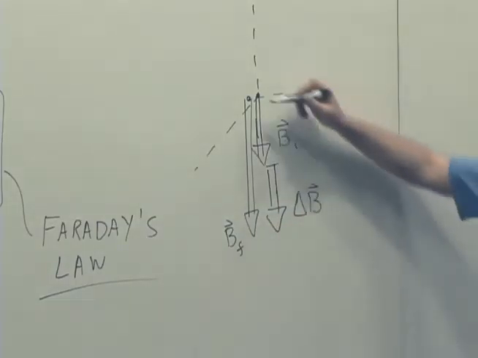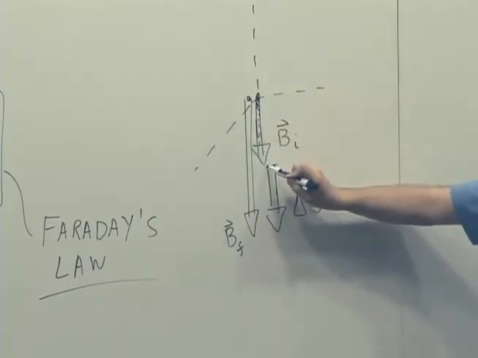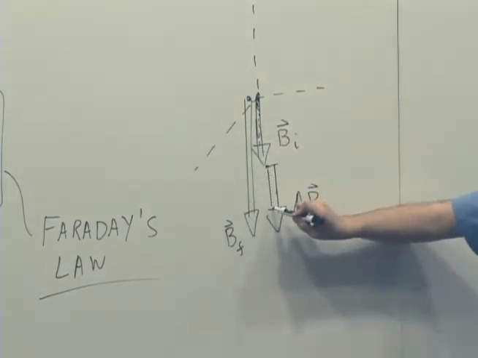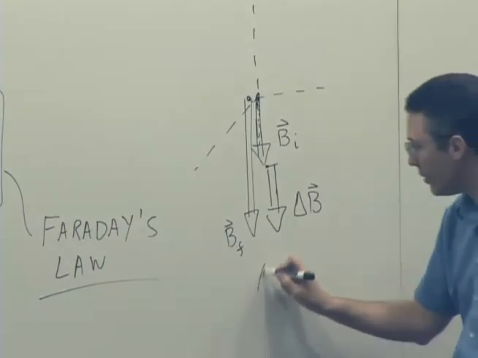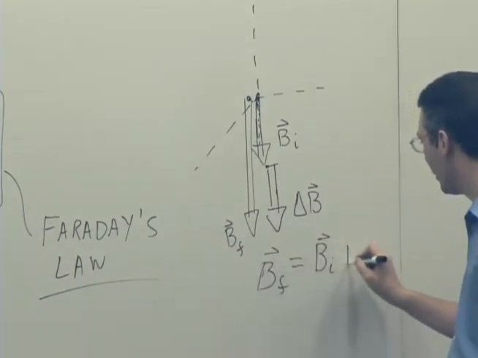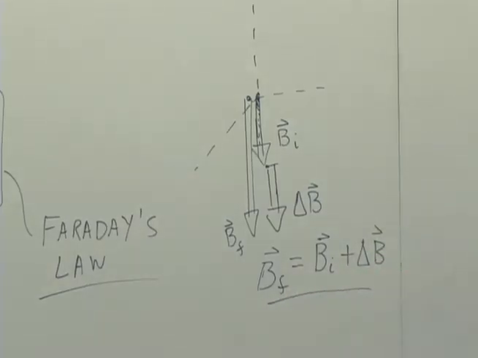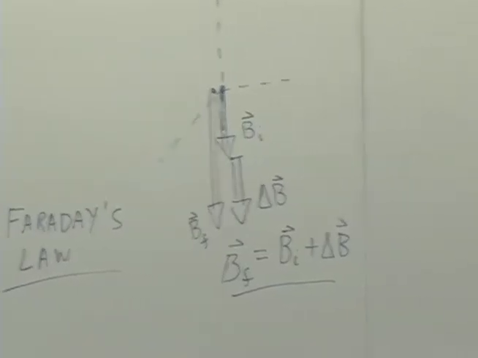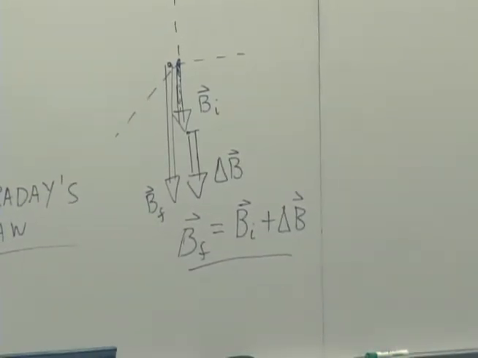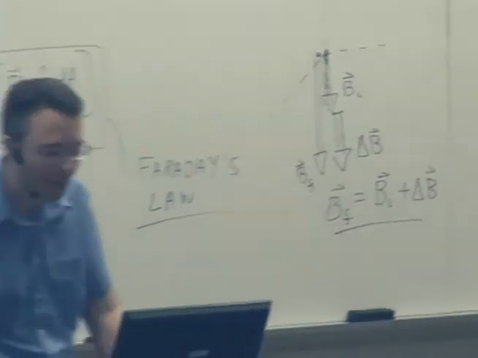Or you can think about adding vectors graphically: if I add B initial head to tail with delta B, I get back B final. B final is equal to B initial plus delta B. So we're just adding two vectors graphically, B initial and delta B, giving us a larger B final. This is basic vector stuff, so it might be a review, but it's something you have to be able to do.